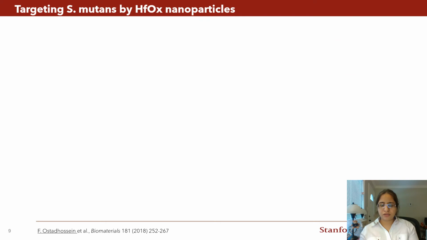In fact, I showed in one of my previous research that we can target the hafnium oxide particles to caries-inducing bacteria in the dental biofilm. And subsequently, we can image these particles using radiographic X-ray imaging.